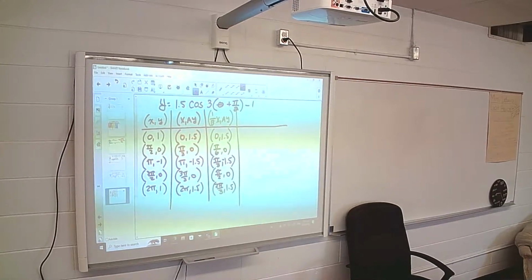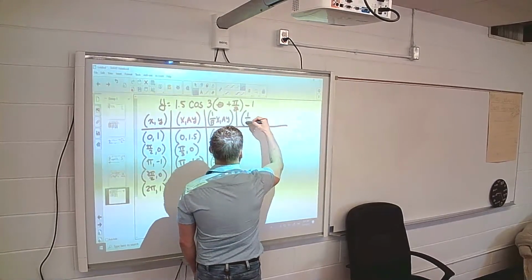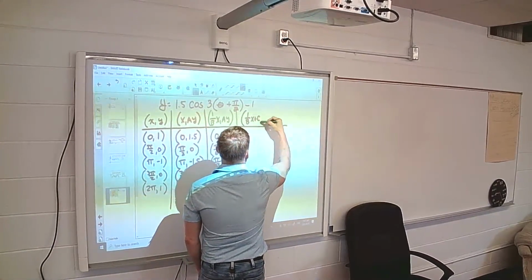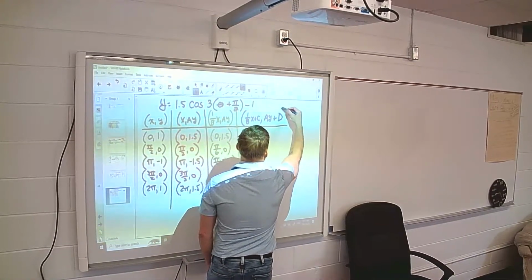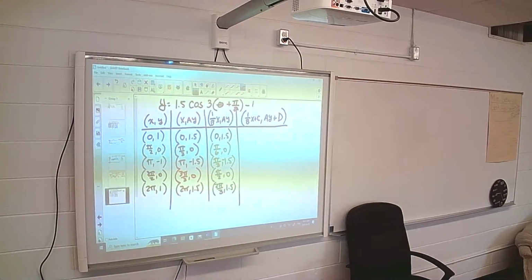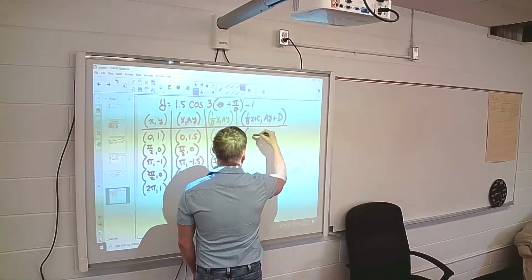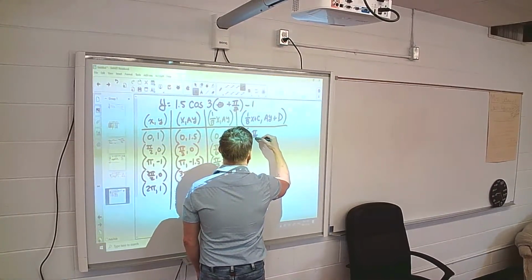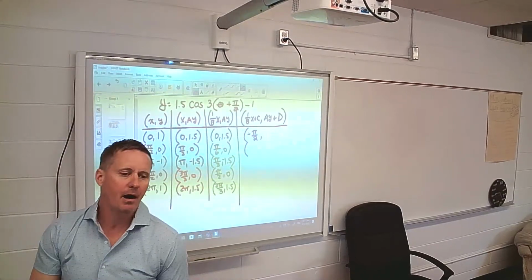All right, let's do C and D together again. Can we do that? Okay, I have to subtract pi over 2 to all the x values. So this becomes minus pi over 2. Pi over 6 subtract pi over 2.